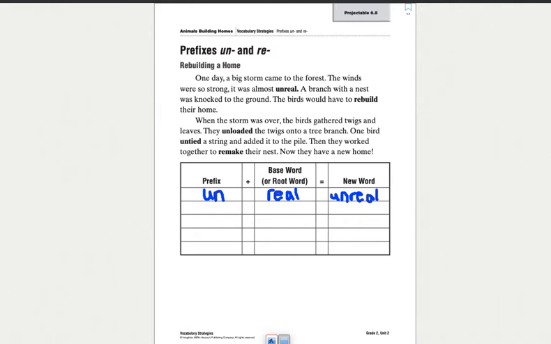All right, let's look at another one. Let me change colors here so that it stands out a little bit. We have the word rebuild. So let me finger write this on the line. Rebuild, R-E-B-U-I-L-D. Slowly but surely, I'm getting this on our line here. Okay, now let's do this in reverse too. Let's figure out what is the prefix that we put at the beginning of that word. I see the letters R-E, re.